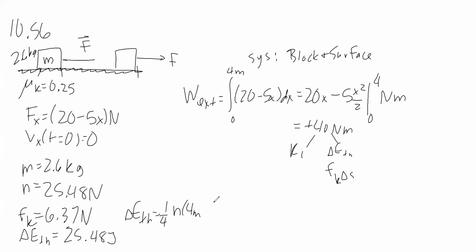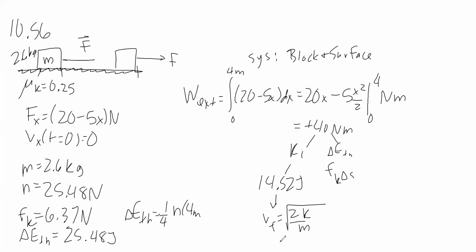Okay, so if there's 40 joules of work done by the rope, then of those 40 joules, 25.48 of them go to thermal, and the remaining 14.52 goes to kinetic energy. So 14.52 joules, from which you would get V final equals square root of 2 times that over M. And that's where my mental math stops.